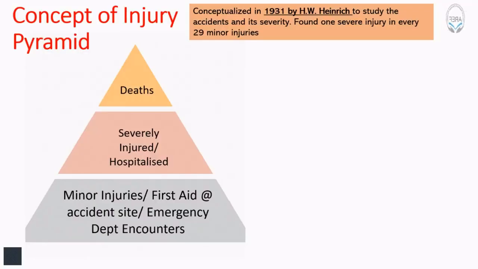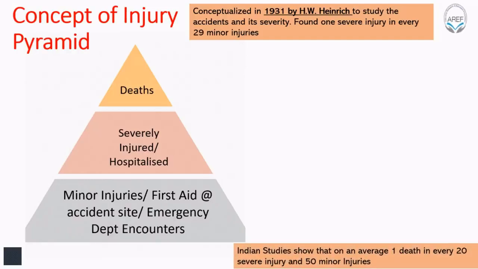And if we look at the same evidence in the Indian scenario, various studies have been done on accidents and injuries in India. Those data show one death for every 20 severe injuries and 50 minor injuries.